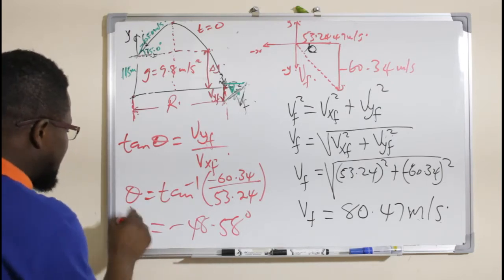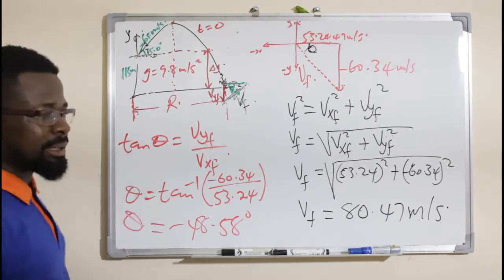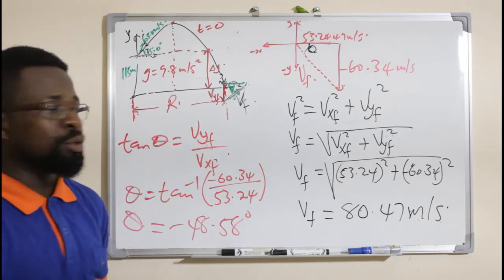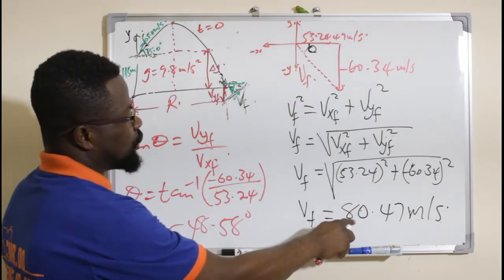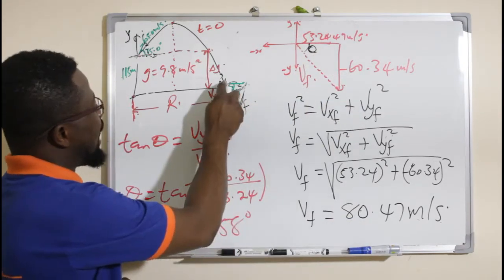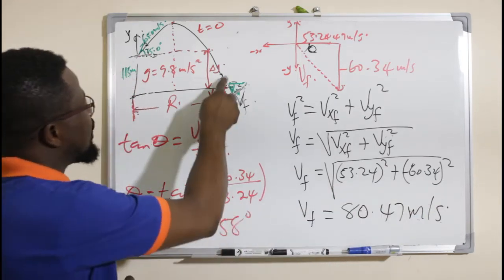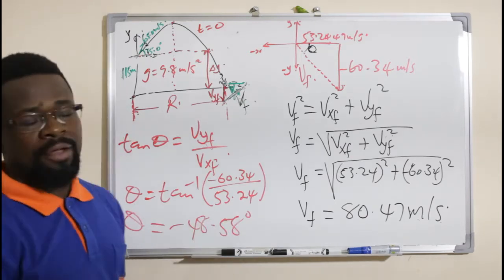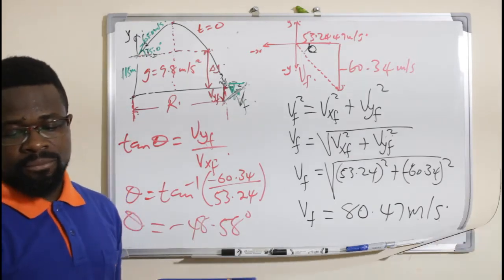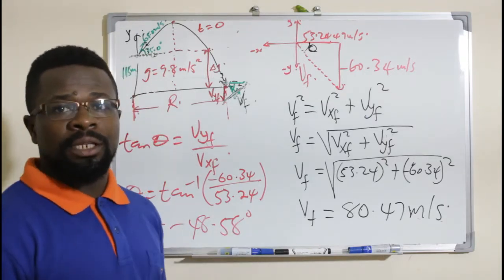And this is the angle with which the projectile is going to move with the velocity used in reaching the ground. So the velocity here is 80.47 meters per second at an angle of negative 48.58 degrees.